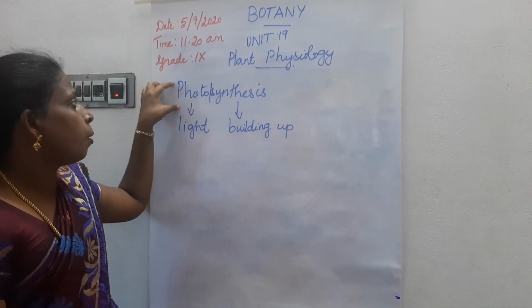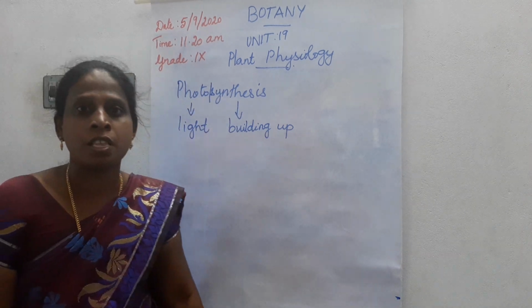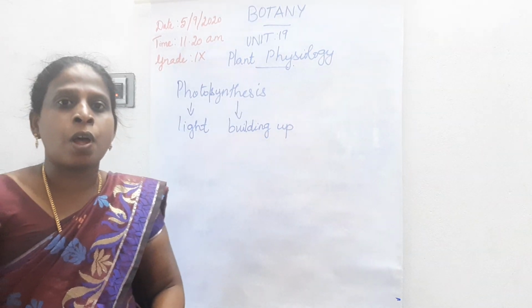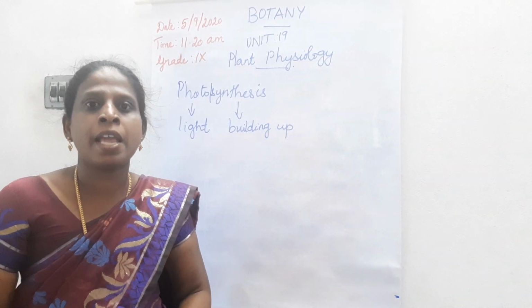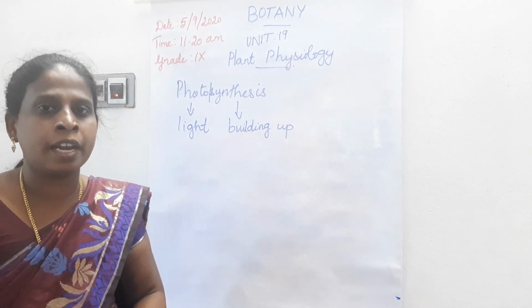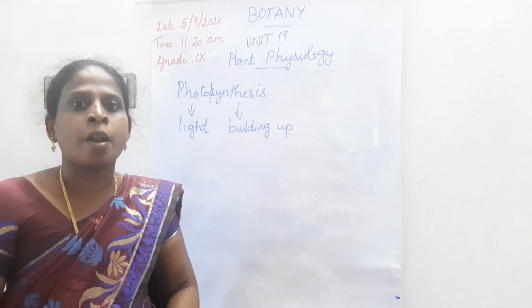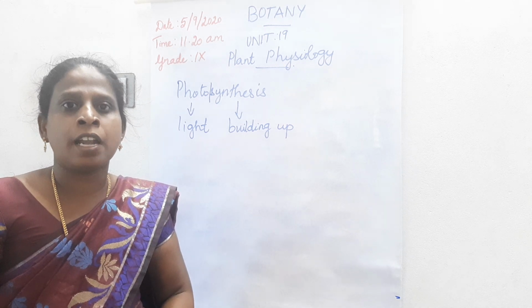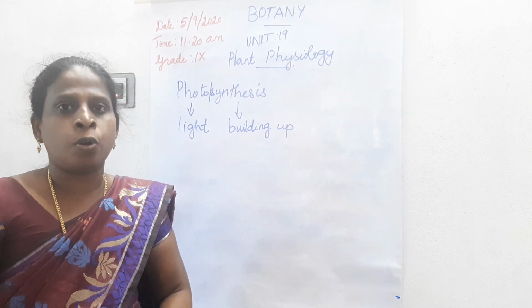First, we can know the definition of photosynthesis. What is photosynthesis? It is the process by which green plants synthesize carbohydrates by using carbon dioxide and water with the help of sunlight and chlorophyll.